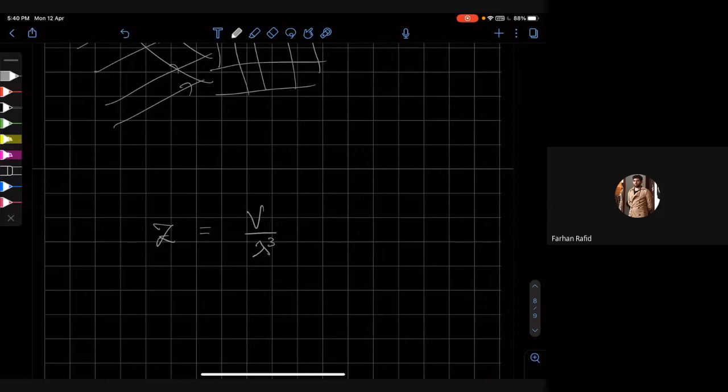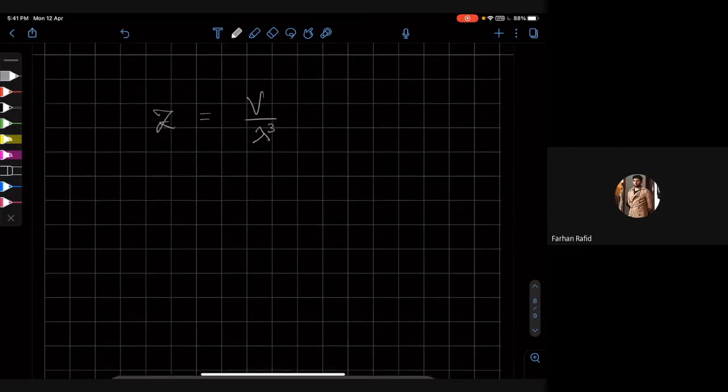Now, so far we have seen the partition function only for one particle. Now let's look at n particles, because we have a multi-particle system. A gas is a multi-particle system.